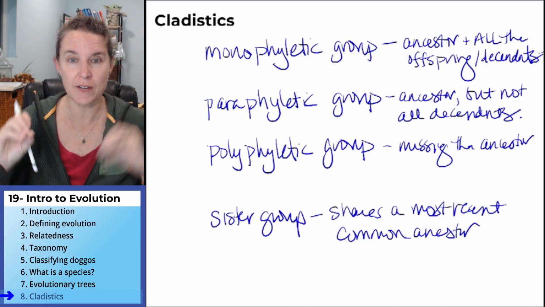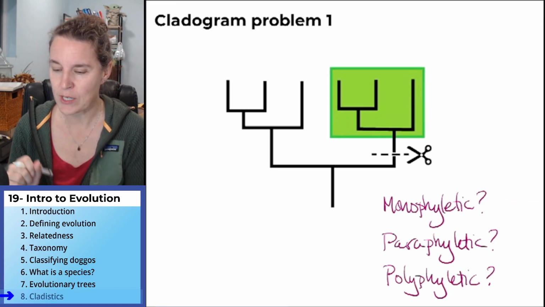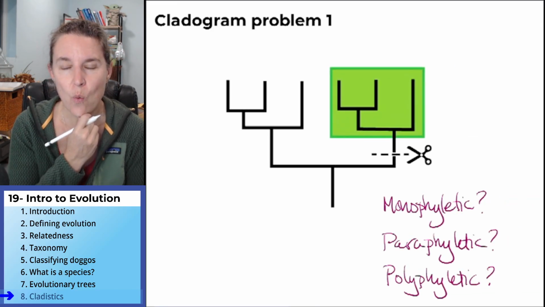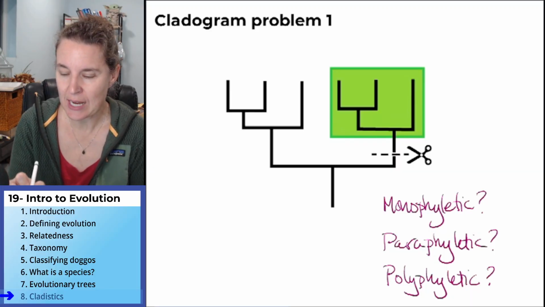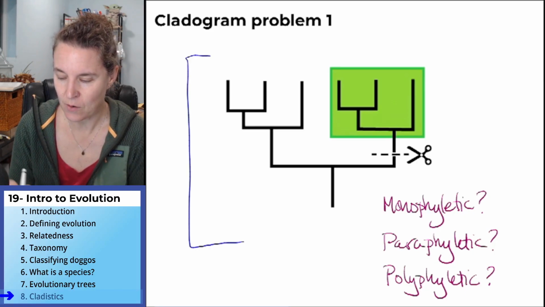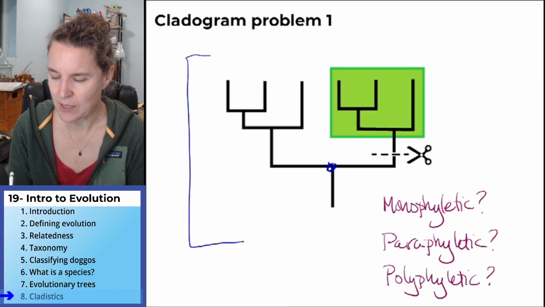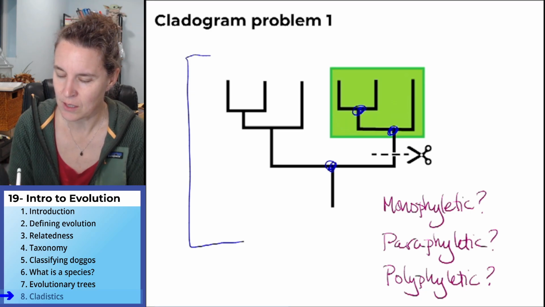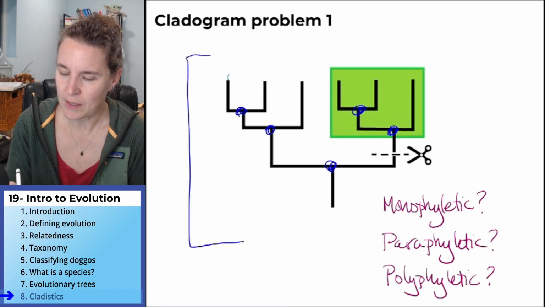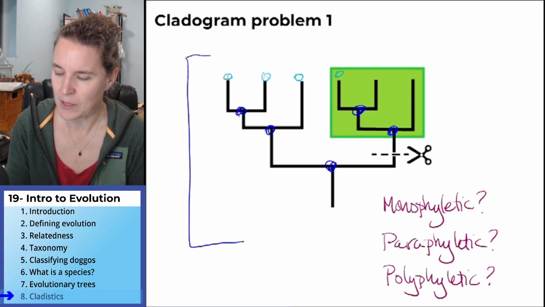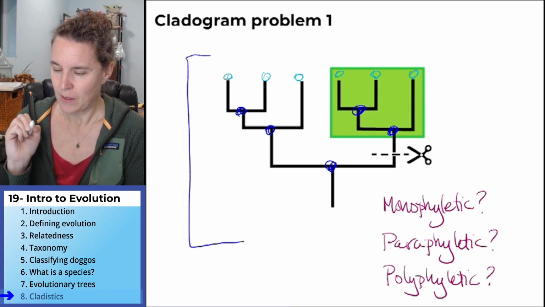Okay, so you've got your definitions. Let's look at a couple trees and decide what kind of clade this is. Now, look at the entire cladogram. We can be like, oh, dude, look at all these ancestors. Here's an ancestor. Here's an ancestor. These are my little end groups up here. These are my living critters.